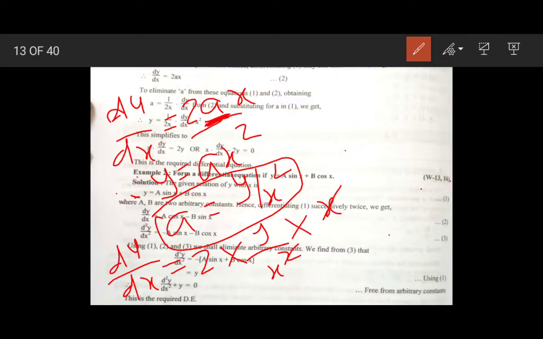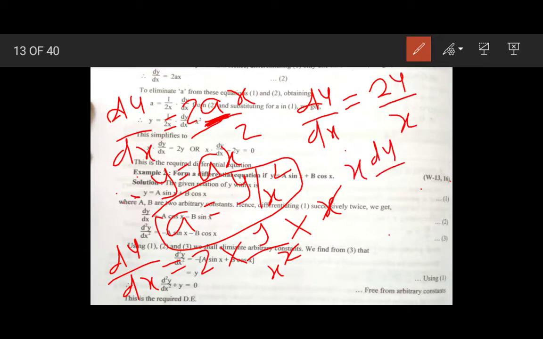So one x cancels. So finally dy upon dx is equal to 2y upon x. That means x dy upon dx is equal to 2y. This is the differential equation. Okay. So x dy upon dx is equal to 2y. This is the differential equation.